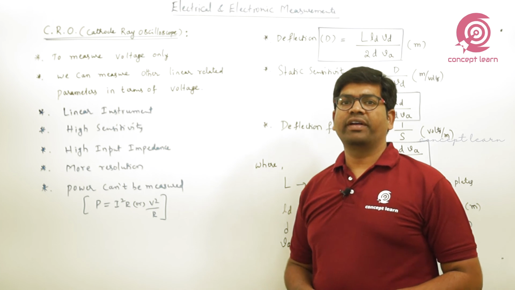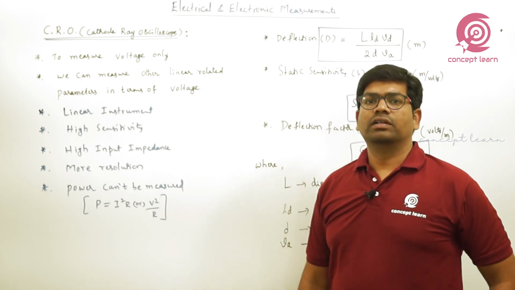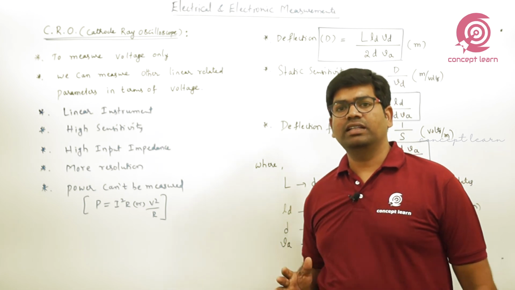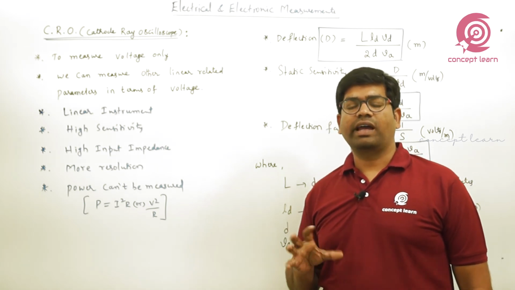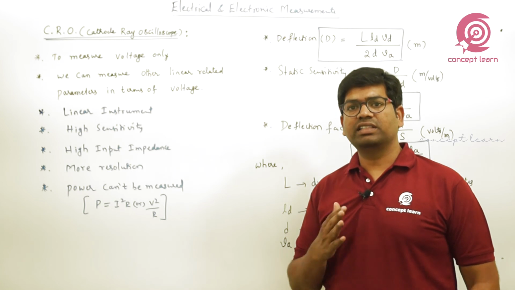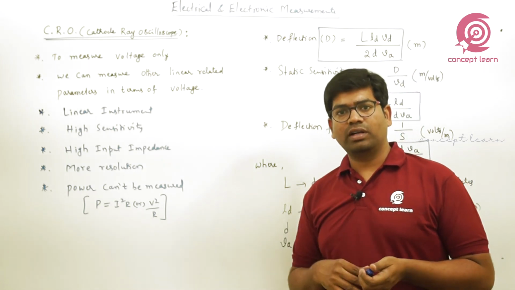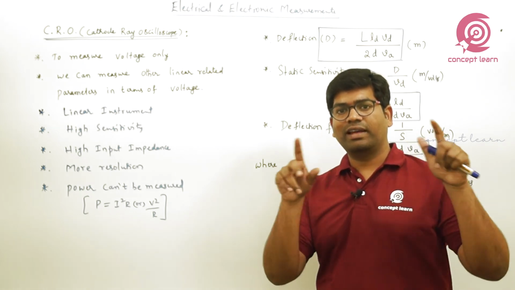Now we'll see some points related to CRO, that is cathode ray oscilloscope. Basically, CRO is kind of a plotter. It plots any quantity onto a screen, a graph or a chart.